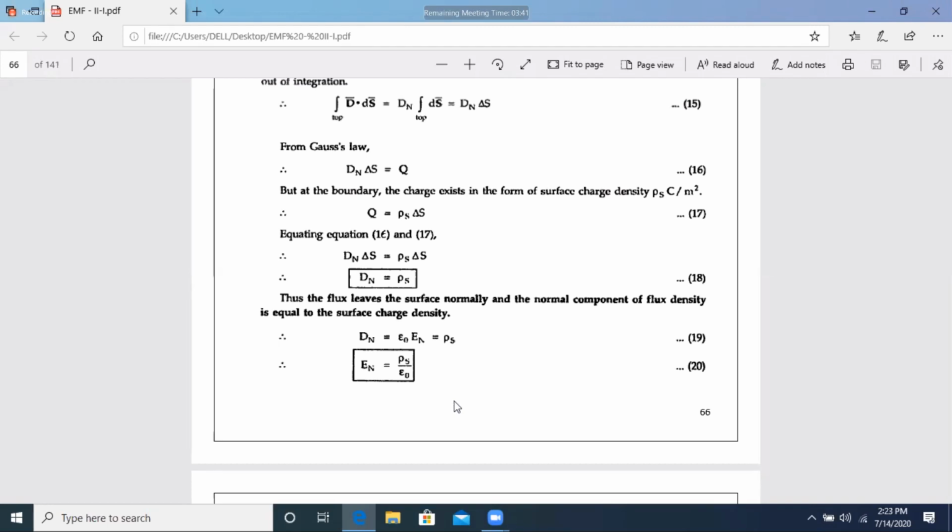We find E tangential 1, find D normal 1, find E normal 2. So now we have to find D tangential 2.